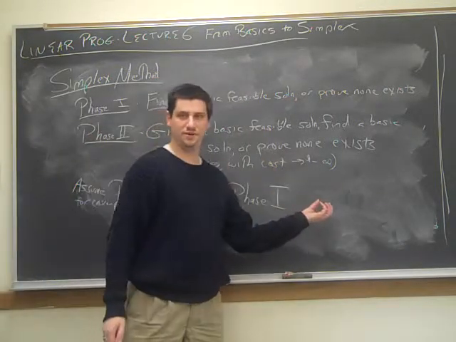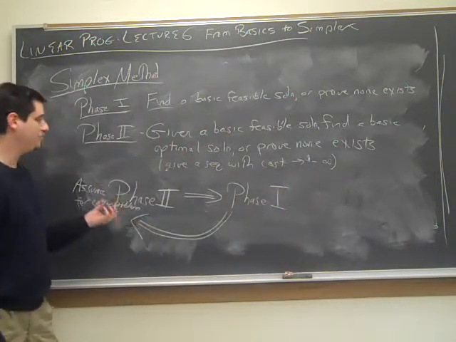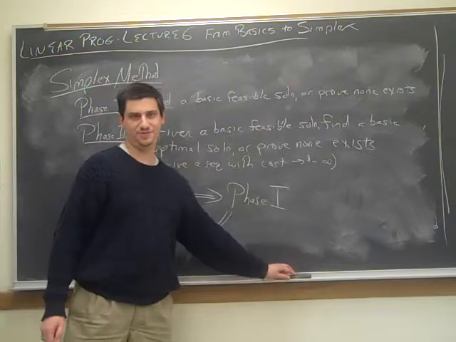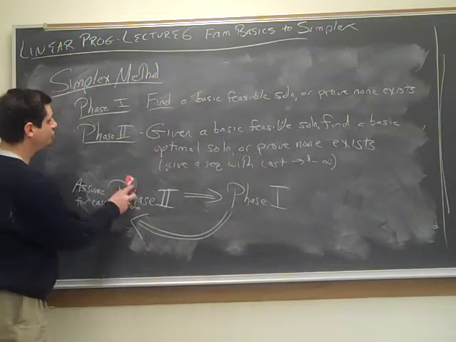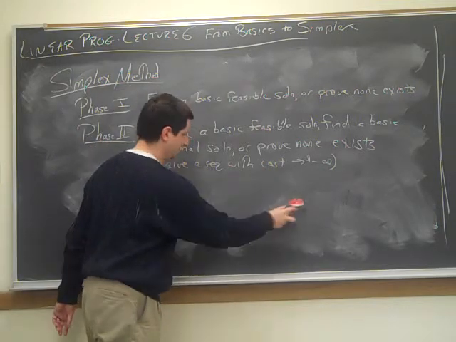Then we'll do phase 1. And then, knowing phase 1, we'll then do phase 2 in general. So for instance, phase 2 says, given a basic feasible solution, find a basic optimal.